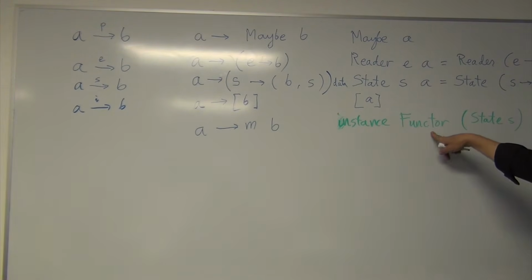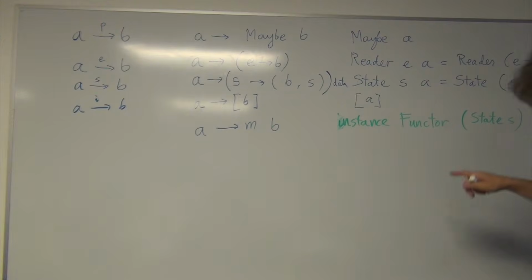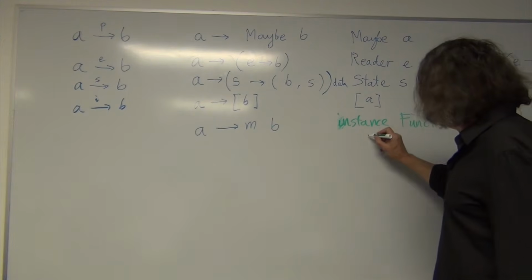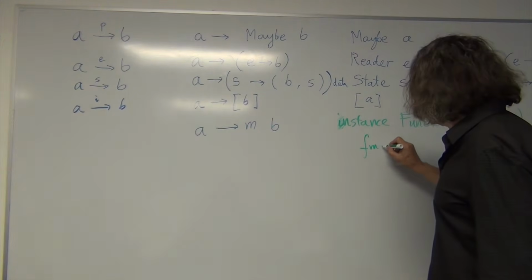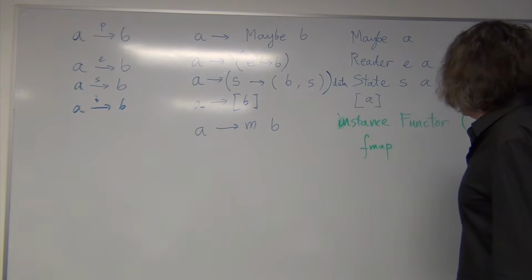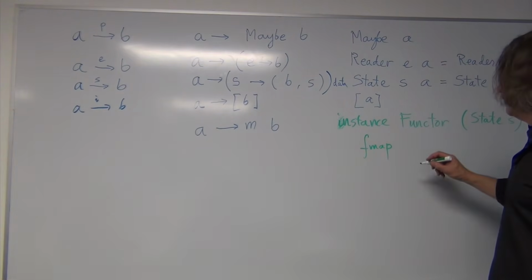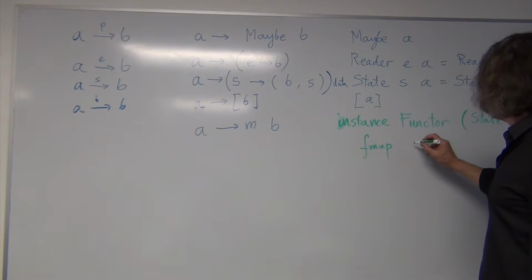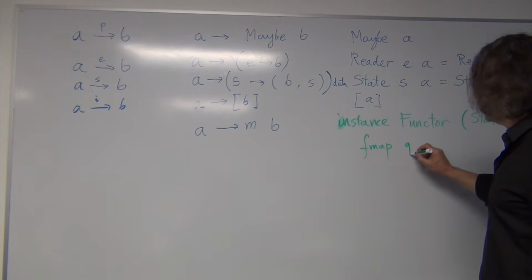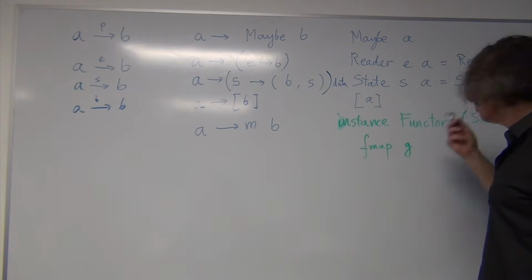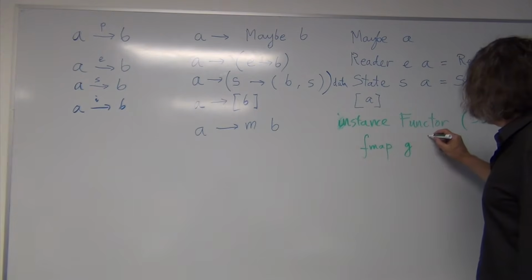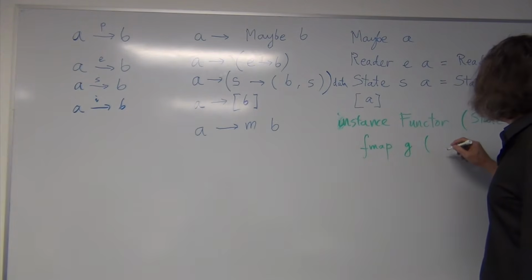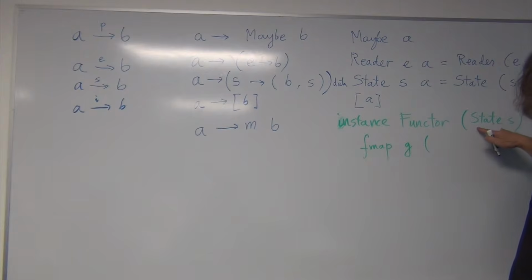In order to prove that this is a functor, we have to be able to define fmap, right? And fmap takes some function, let's call it g. And now the second argument is the state s, a.